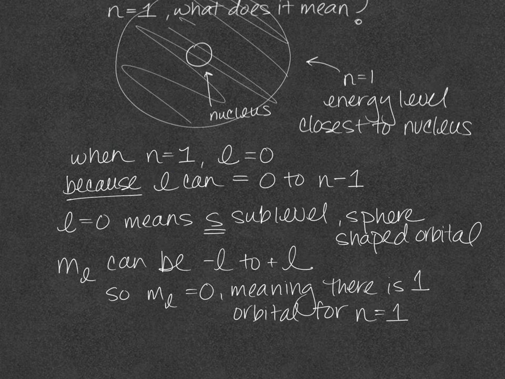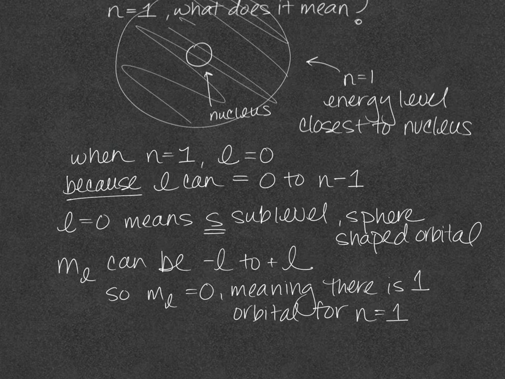It's what guides all the other quantum numbers. L can only equal 0, which means m sub L can only equal 0. Since there's only one m sub L value that is valid for n equals 1 and L equals 0, this means there is one orbital in the first energy level.